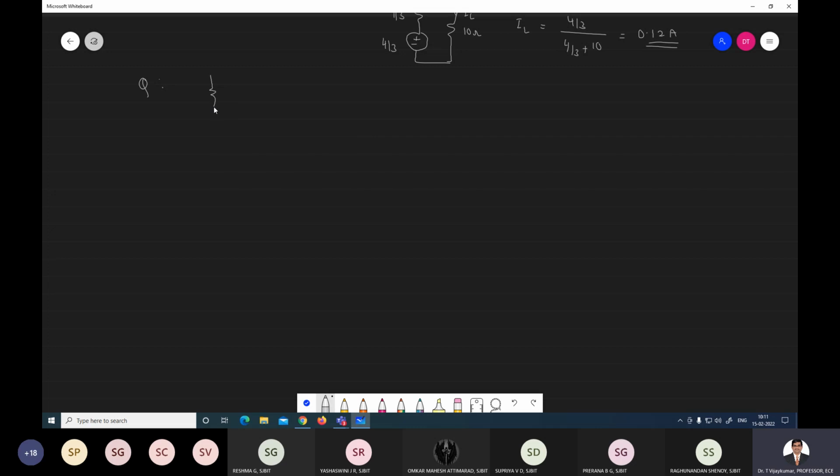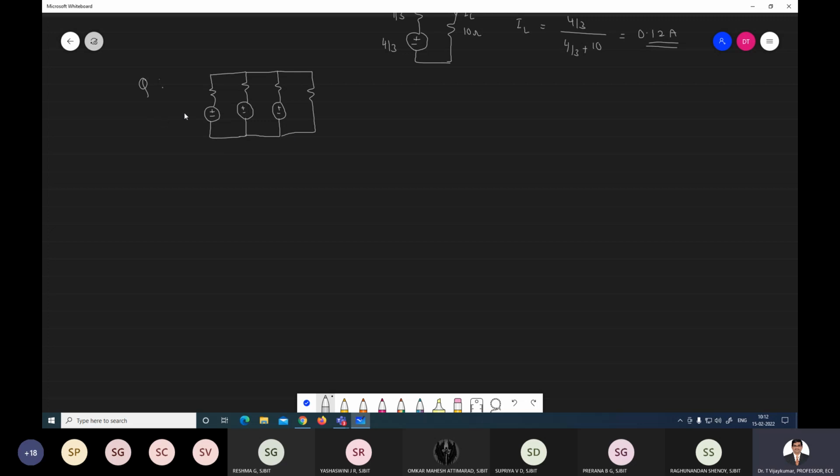So this is the resistor, and here it is a voltage source. And again there will be a resistor and a voltage source, and here a resistor and a voltage source, and here 10 ohm.